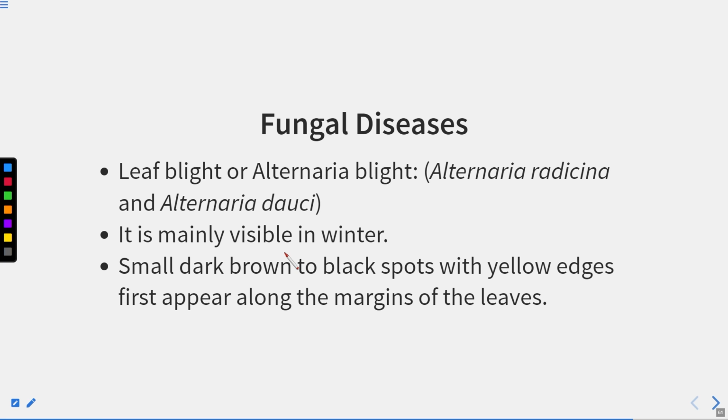Now, fungal diseases. Some of the diseases that occur to the plant are the late blight or the alternaria blight, right? So alternaria radicina and alternaria dauci, these are the two fungi that cause leaf blight, and it is mainly visible in the winter season.